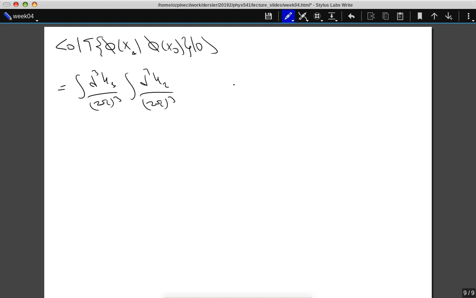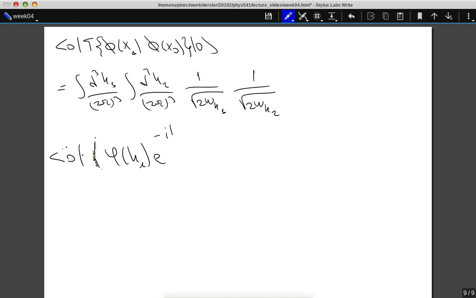Then I have 1 over square root of twice omega k1, 1 over square root of twice omega k2. And then I have the vacuum, phi of k1 e to power minus i k1 x1 plus phi dagger of k1 e to power i k1 x1.